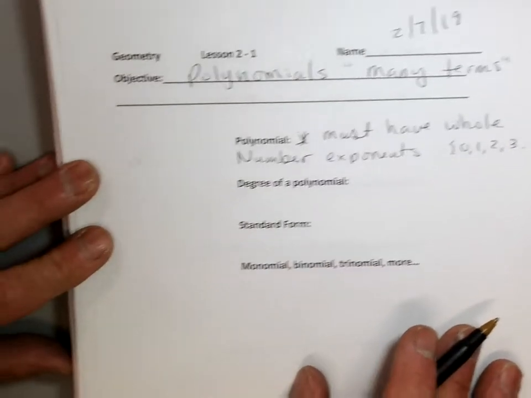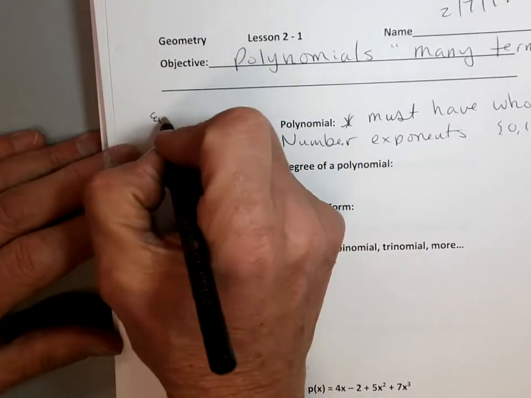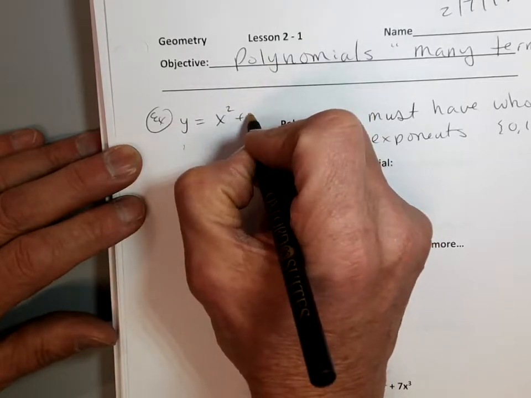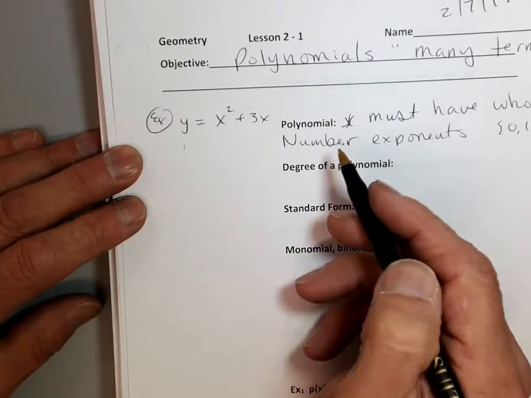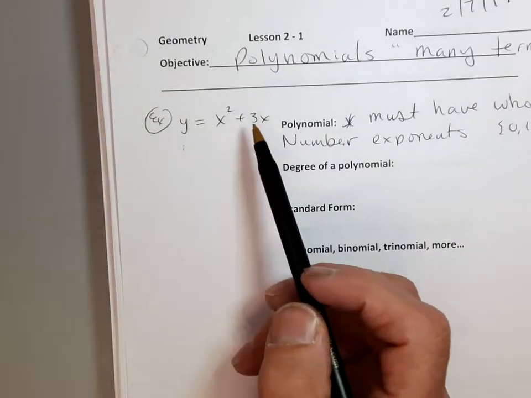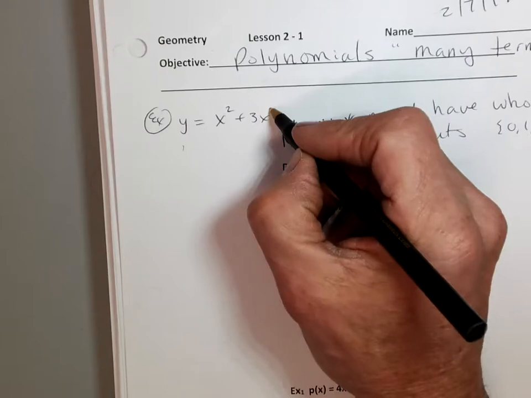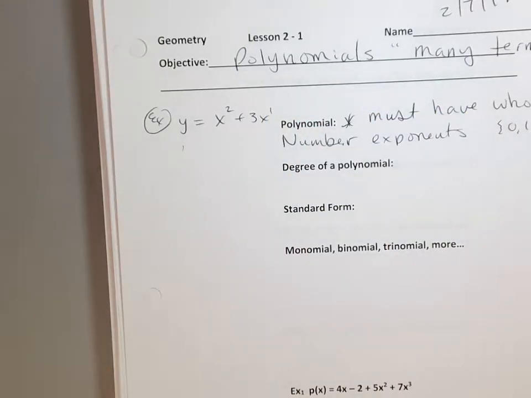So, a couple of examples on the side. If I had y equals x squared plus 3x, that's a polynomial. It's a polynomial because there's two terms, but the exponents are whole numbers, right? In fact, we'd call this a binomial because it's got two terms.